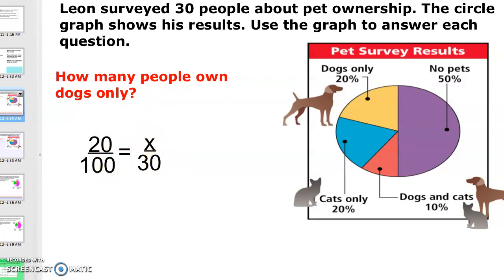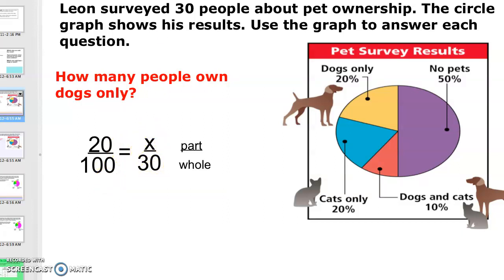Remember, it's always the part over the whole. 20% is the part out of the whole 100%, and x represents the number of people that own dogs out of the whole, which is 30, since Leon surveyed 30 people. So 20 over 100 equals x over 30.